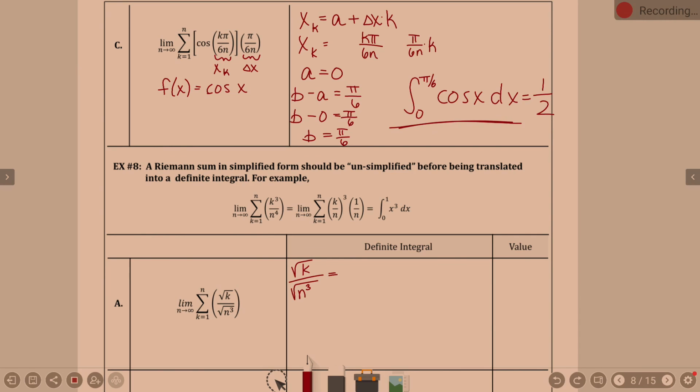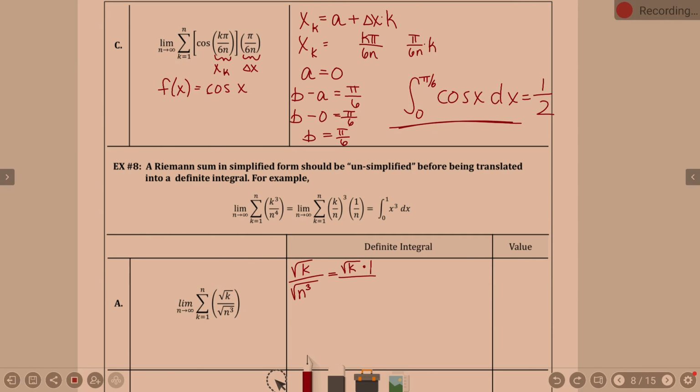Square root of X. Oh, for your function? Yes, I believe so. The key is, if we think about this as square root of k on top, or square root of k times 1 is actually what I'm going to say.